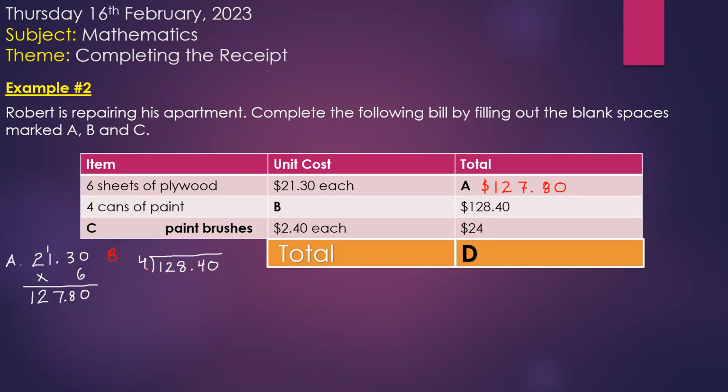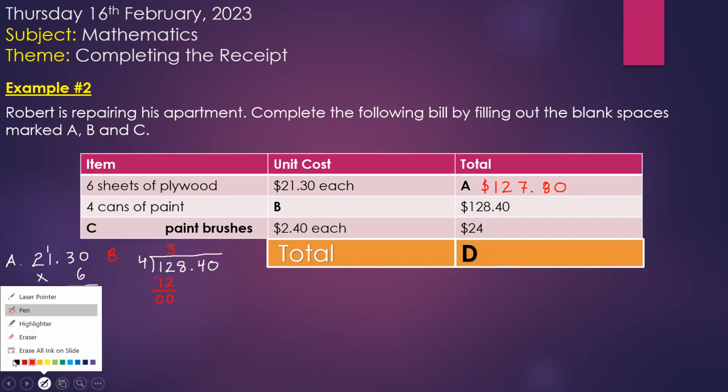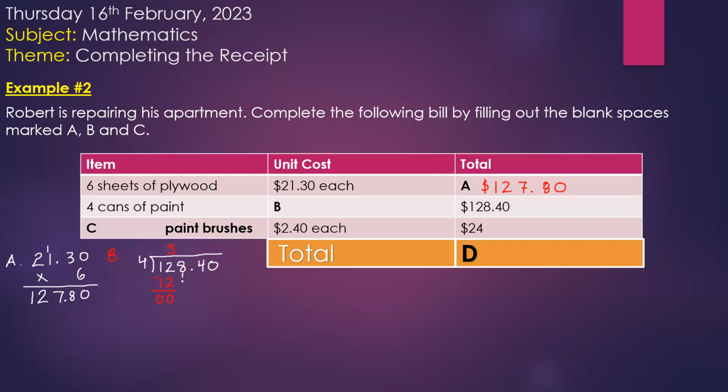All right, how many times does 4 go into 12? 3 times. 4 times 3 is 12, and 12 minus 12 is 0. We bring down the 8. How many times does 4 go into 8?